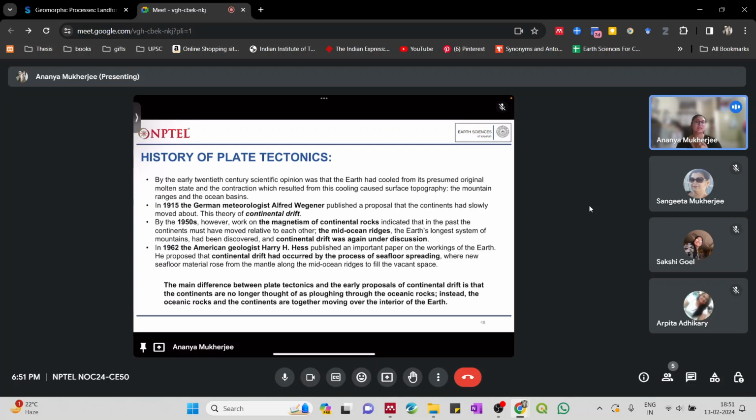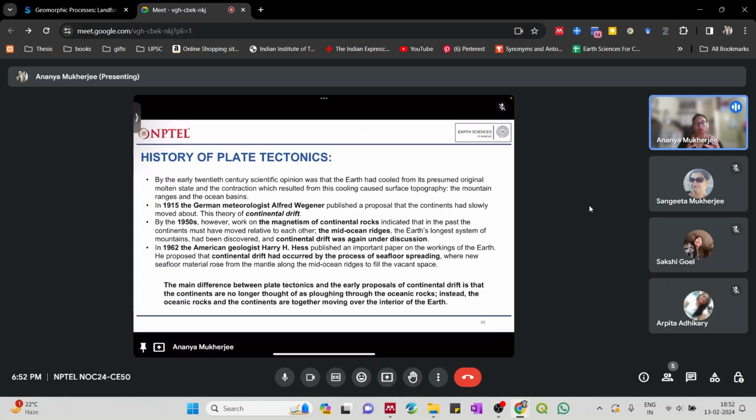When people started studying the magnetism of rocks, they realized that there were magnetic reversals that were measured from rocks from different continents, and there were some samples from different continents which showed that the magnetic orientation was the same for both samples, but they belonged to different continents.